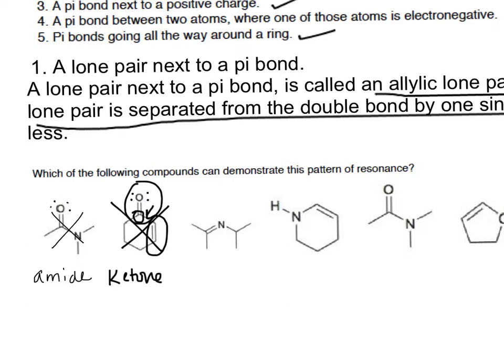Now we come here, we draw the lone pair on the nitrogen. Again, the double bond is right there, attached to that nitrogen, not allylic. Here we have our carbon-carbon double bond, one single bond, and then a lone pair. So this is an allylic lone pair.